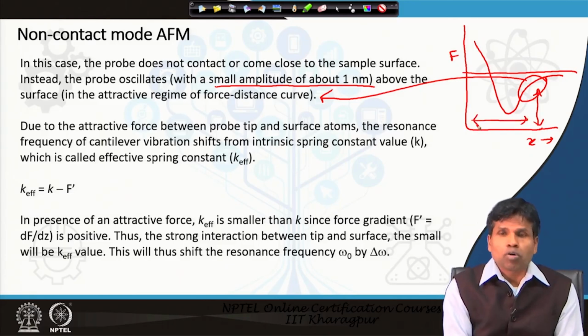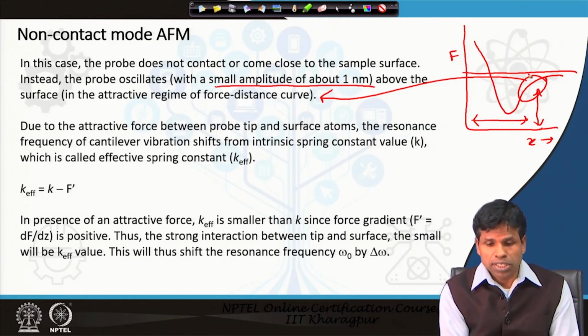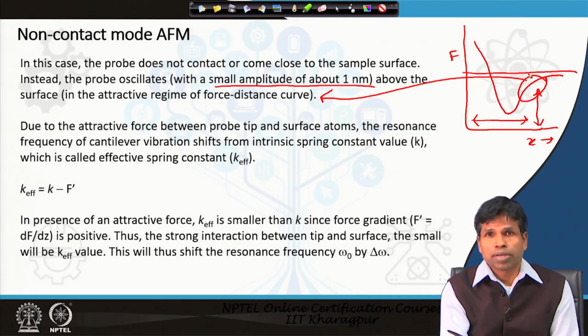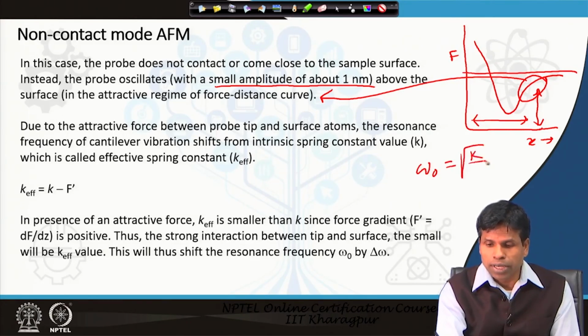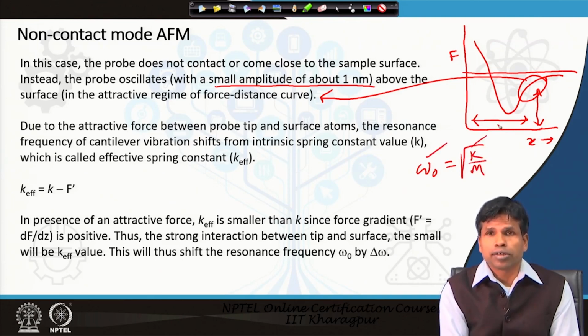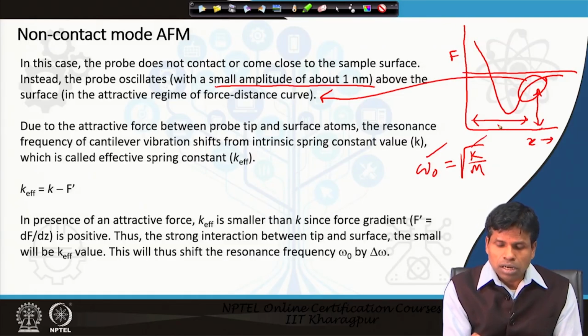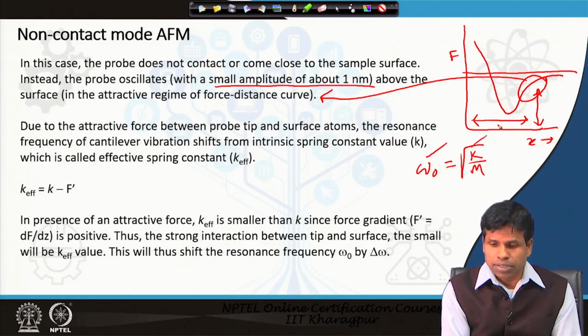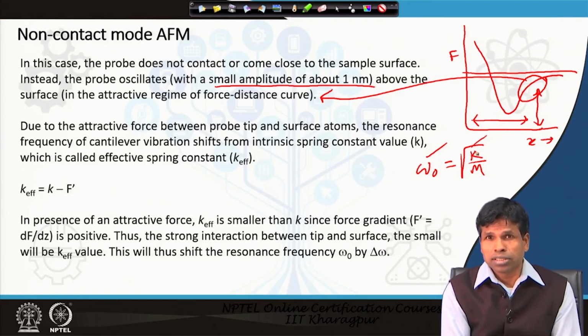Due to the attractive force between the tip and surface atoms, the resonance frequency of the cantilever vibration shifts from its intrinsic value. Resonance frequency is directly related to, as we know, the square root of k by m. Resonance frequency is directly related to the spring constant of the cantilever. As the resonance frequency shifts from its intrinsic value, automatically the spring constant value will change.